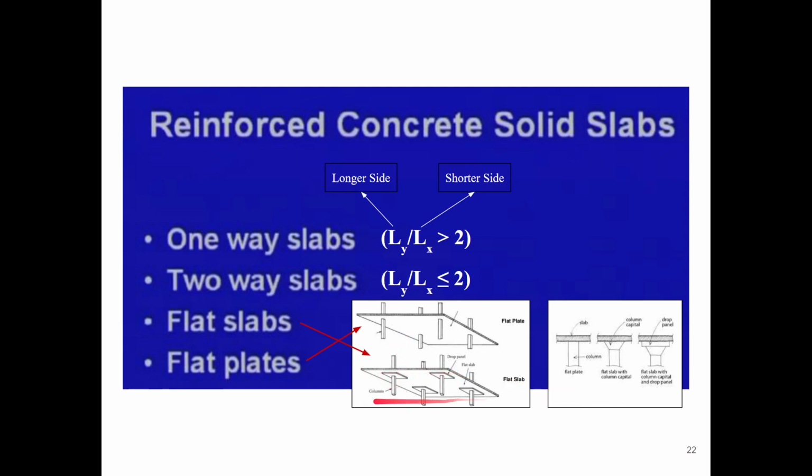There is some more extension of the column in order to transfer the load properly from the slab to the column, so that there is no issue of any failure occurring. The most common failure is the punching shear failure, okay. To avoid that failure, they provide some type of column capital, which is an extension of the column, or the drop panel, which is a further extension.